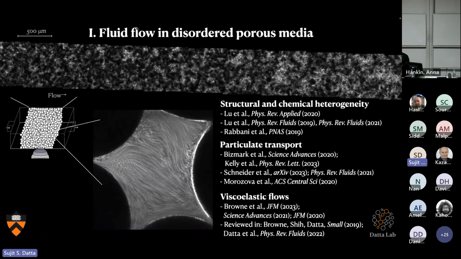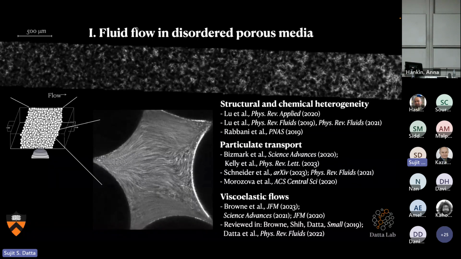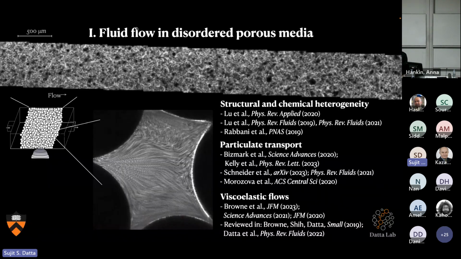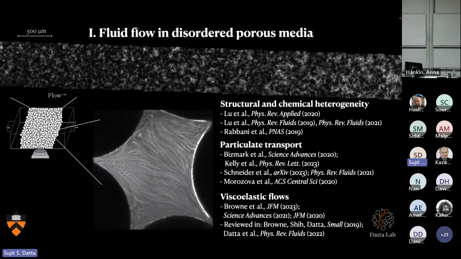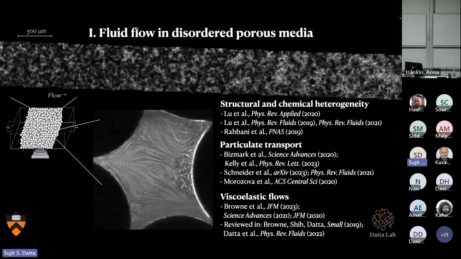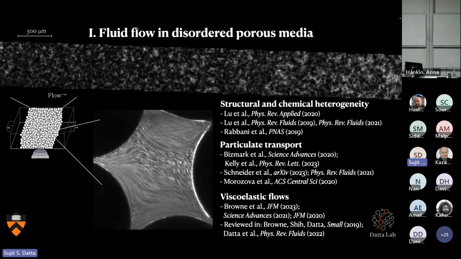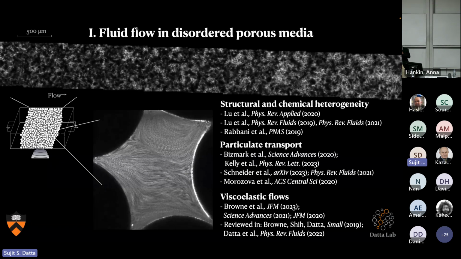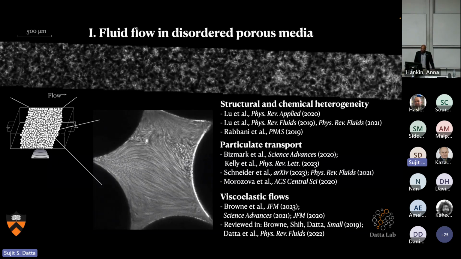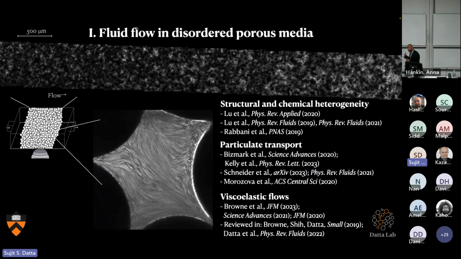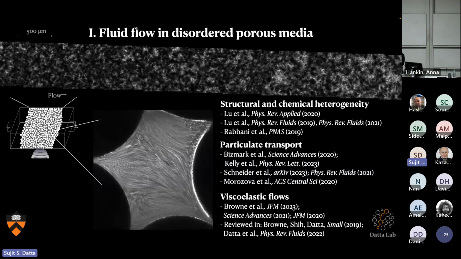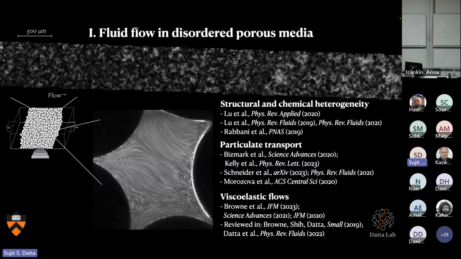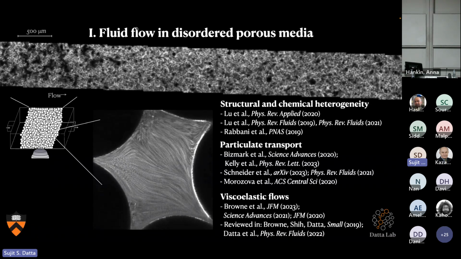We've also been studying how viscoelastic fluids flow through these porous media. And in these cases, you have new physics that arise. For example, because the polymers in these fluids that are often used in industry are stretchy, and it takes some time for the elastic stresses to relax back in the flow, those stresses can build up, and above a threshold flow rate, these flows can become chaotic, even though these flows are always at low Reynolds numbers.